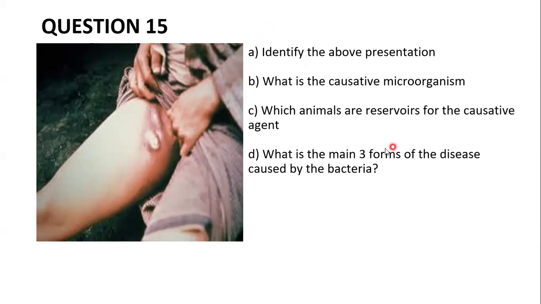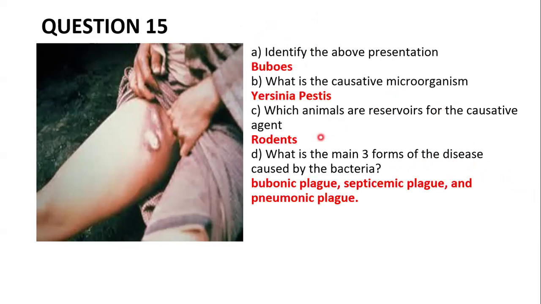And the 3 forms are the 3 forms of the plague. So we have bubonic plague, septicemic plague, and pneumonic plague. Those are the 3 forms of the disease caused by Yersinia pestis. Okay, please don't confuse this with Yersinia enterocolitica.